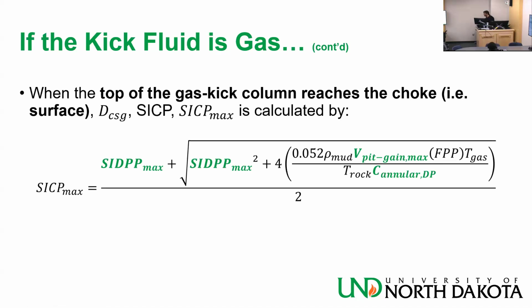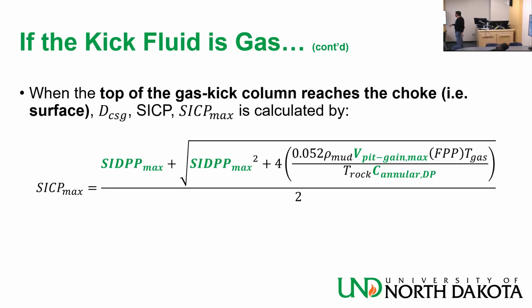Same thing as before, same equation, just SIDPP at that point in time, pit gain at that point in time, which will be maximum, and the annular volumetric capacity at that point in time. Now, in the homework, I told you it's an isothermal process.